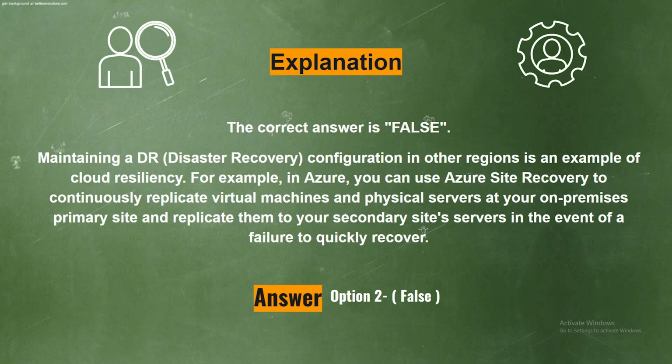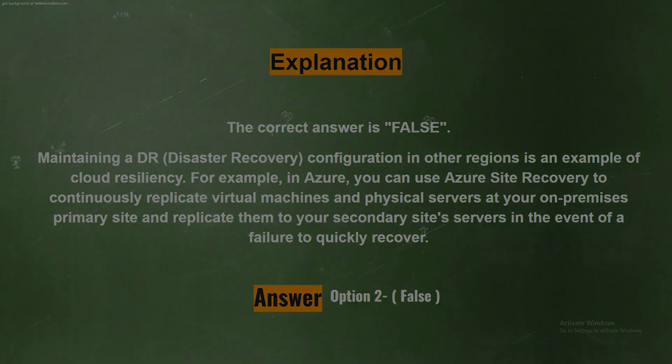Maintaining a DR configuration in other regions is an example of cloud resiliency. For example, in Azure, you can use Azure Site Recovery to continuously replicate virtual machines and physical servers at your on-premises primary site and replicate them to your secondary site's servers, to quickly recover in the event of a failure.